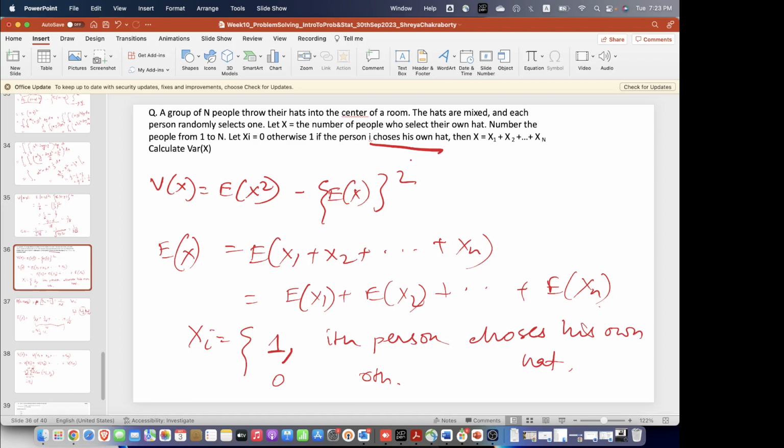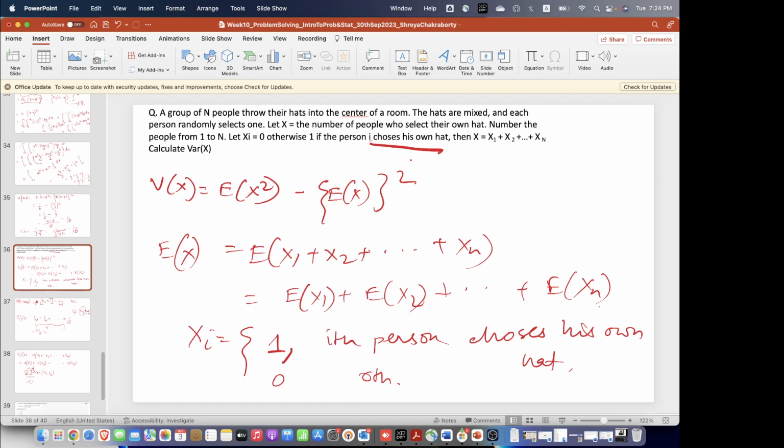So let's say x1 is the random variable that the first person chooses correctly. The first person will choose correctly with a probability of 1 by n, since out of n he will choose only one. Next, when the second person goes to choose his own hat, he is not getting all n options. He is getting n minus 1 options. So for that person the success probability is changing from 1 by n to 1 by n minus 1.